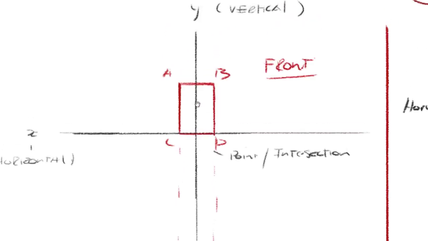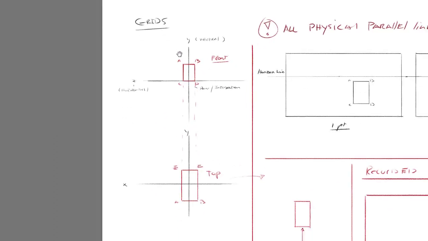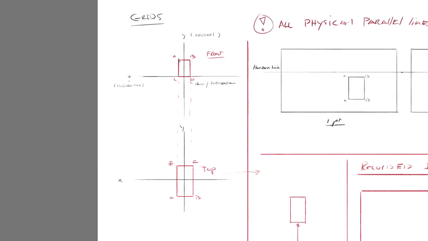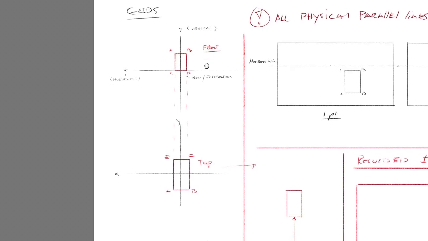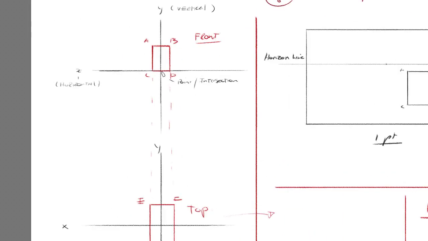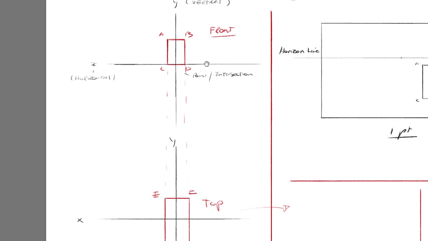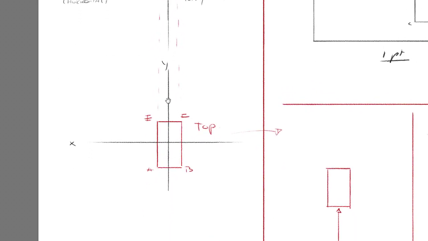Okay, so this is a basic rectangle, and you can see I've set up a front view. So this is the front, A, B, C, D. You've got a vertical and you've got a horizontal line, and the point where they intersect each other is a point of intersection. Another orthographic view is the top.